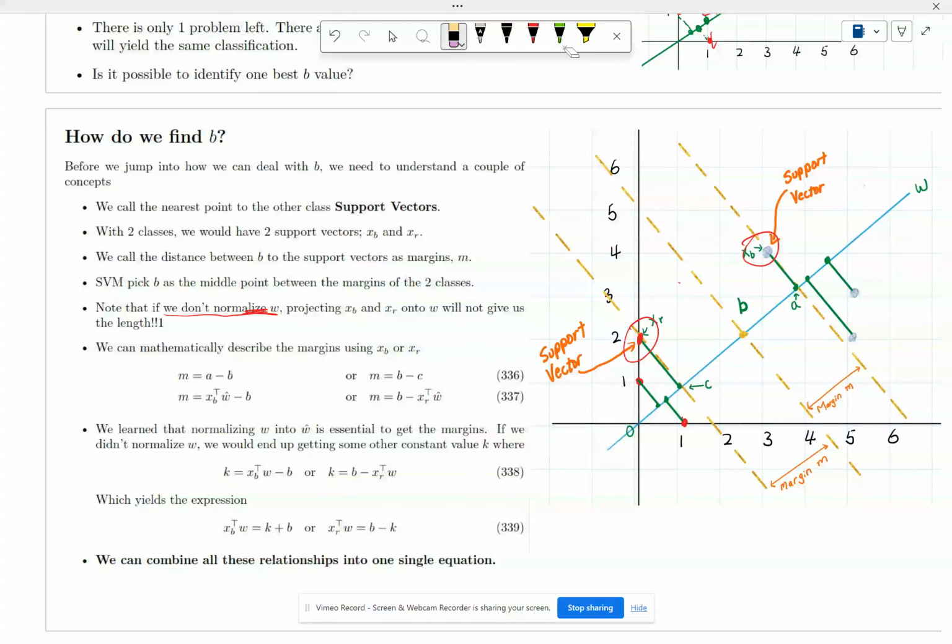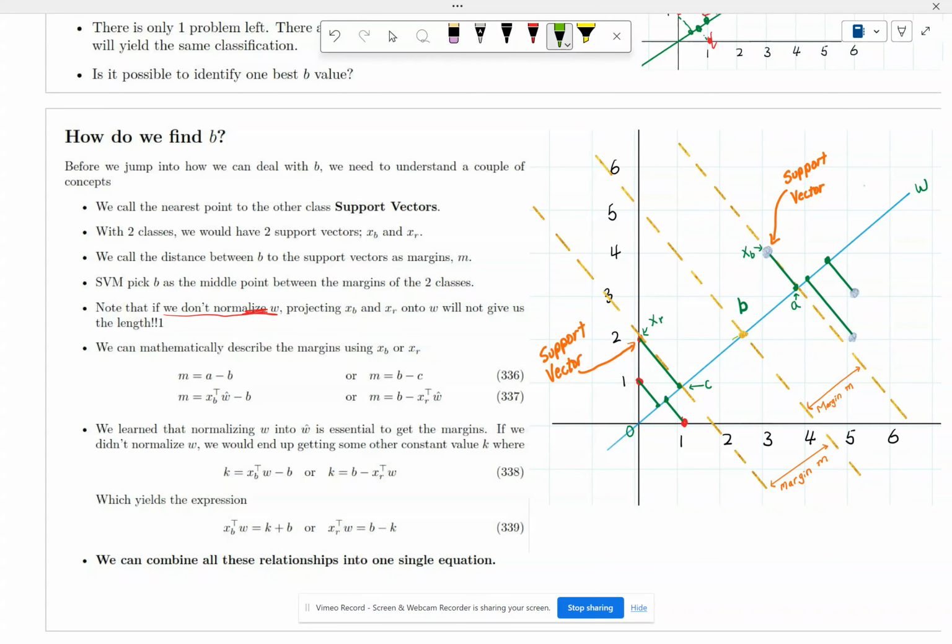Let's look at the equations. It will not give us this. So that's the key: if we are not projecting onto normalized vectors, we can't guarantee that it's going to give us the distance. Okay. Now, we can mathematically describe the margins.